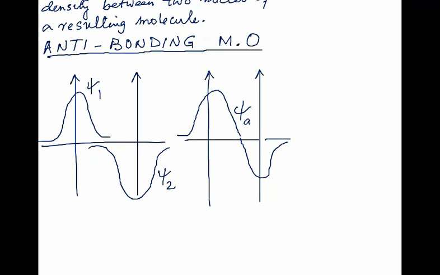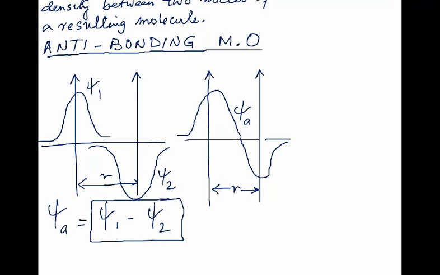This is psi A, and this is the distance r. We can say that psi A is equal to psi1 minus psi2, the negative sign representing the out of phase or destructive combination of the two atomic electron waves.